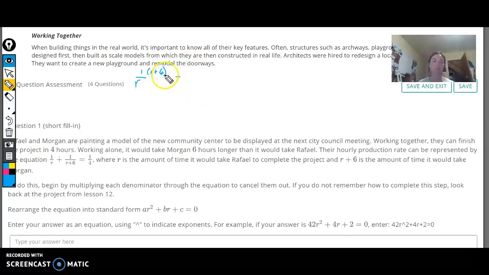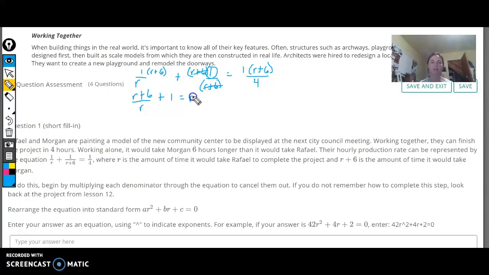So r plus 6, and then we've got r plus 6 times 1 over r plus 6 equals 1 times r plus 6 over 4. Okay, so now these go away and we're just left with 1 here. So we have r plus 6 over r plus 1 equals r plus 6 over 4.